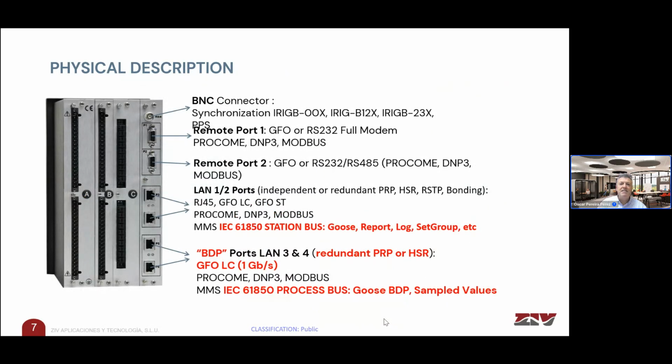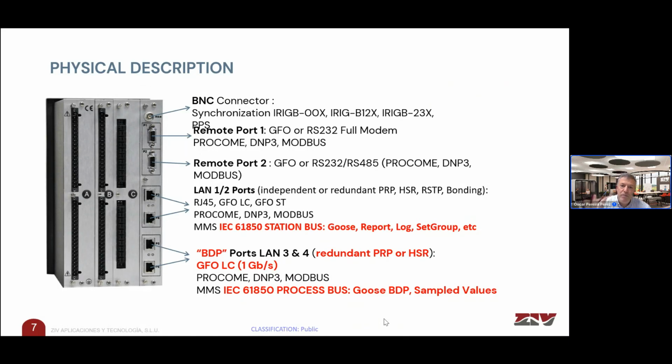It's as interesting as the front part of this relay is also the back side of the relays. And here you can see detailed information about the ports, which are so relevant in a protection like this, where all the elements are interconnected. We have a BNC port for standard synchronization. Remote ports 1 and 2 are serial ports for main purposes, and so on.